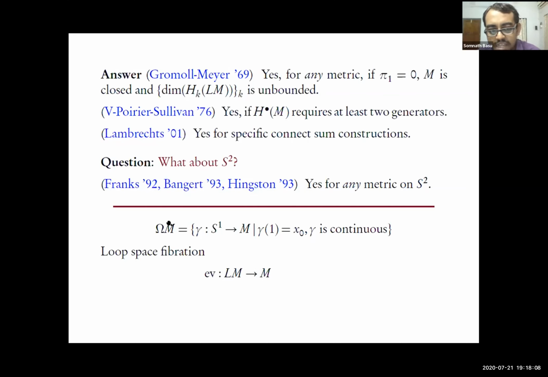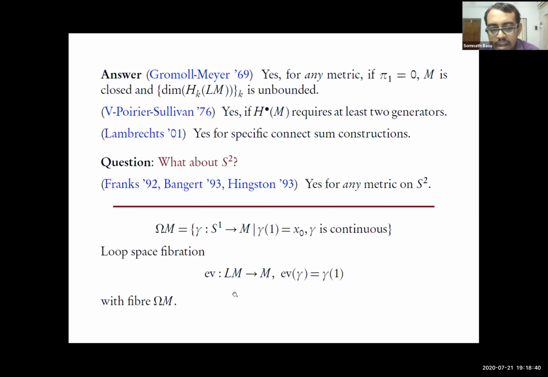But how does this based loop space enter the picture? Well, let's do a simple map. Let's take this map evaluation from the free loop space to M. What does it do? It takes a loop and it sends it to its image at 1. So it just looks at the base point of the loop, right, where it starts and ends. So it's a smooth map, and it turns out this is locally a fiber bundle. If you have seen bundles, then this simply means that locally LM looks like M cross this thing.